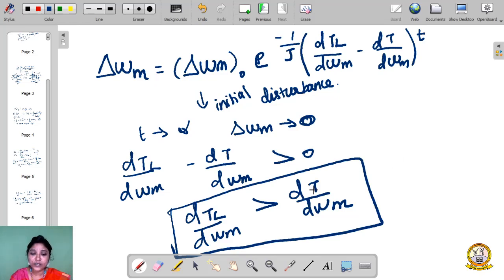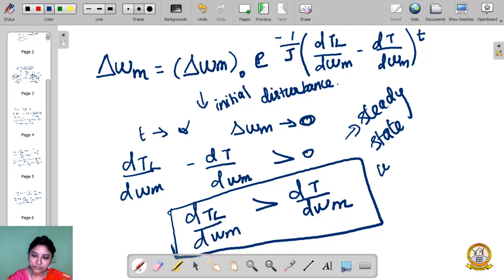So if dTL/d omega m is greater than dT/d omega m, then this condition we call the steady state condition.